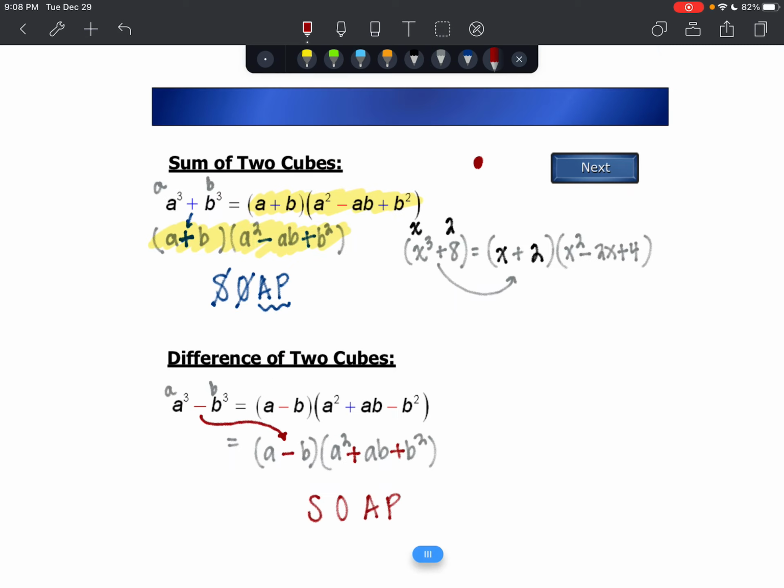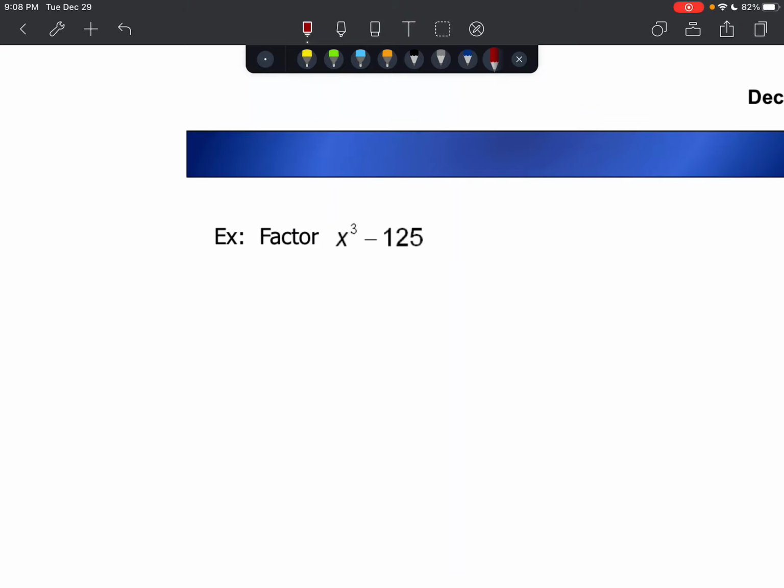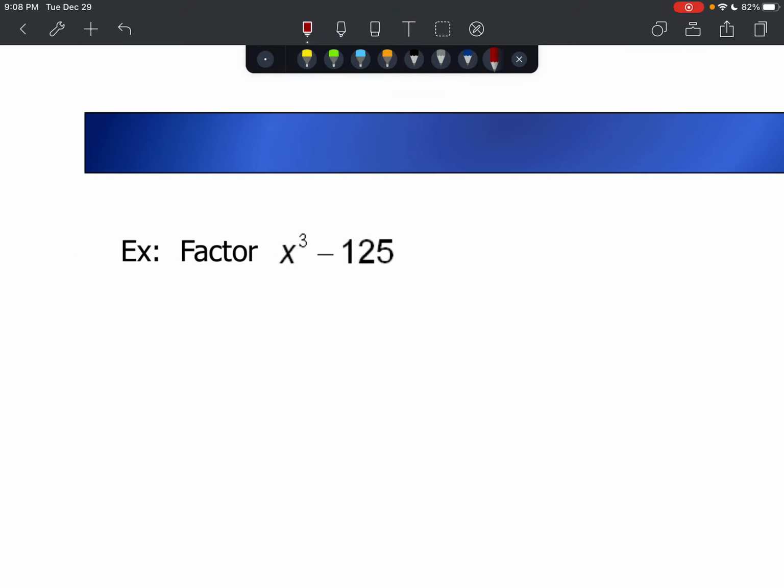So let's do this with some numbers. X cubed minus 125. That's our first example. Well, x cubed is a cube of x, and 125 is a cube of 5. So x and 5 will go into the binomial, and then we're going to have a trinomial. Bouncy, bouncy gives us x squared. Bouncy over gives us x times 5, which is 5x.